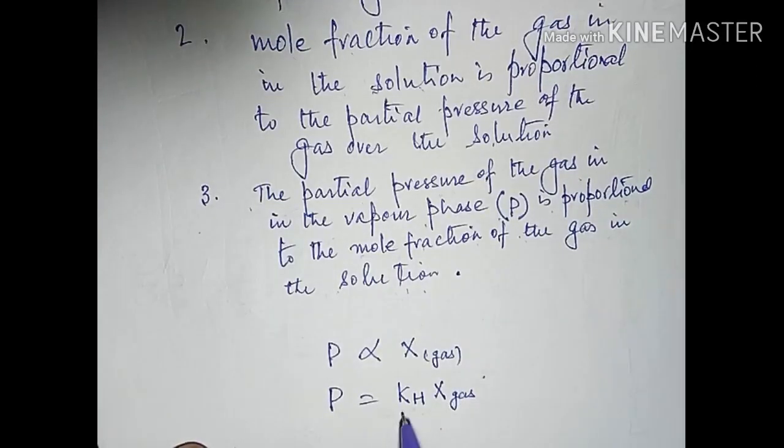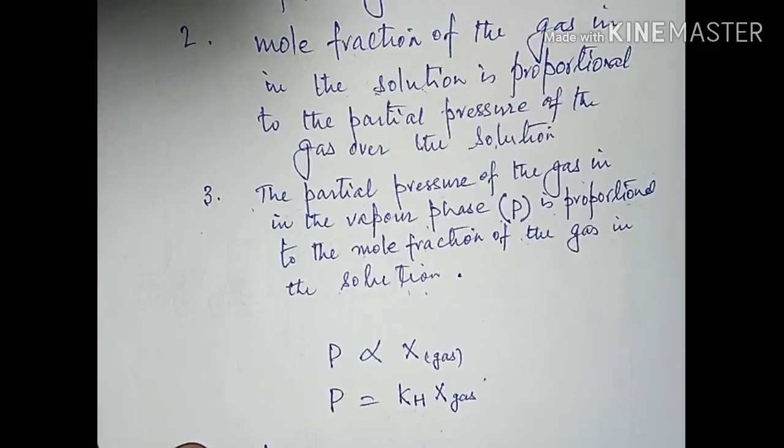This KH is known as Henry's law constant. X is the mole fraction of the dissolved gas, and P is the partial pressure of the dissolved gas above the solution.